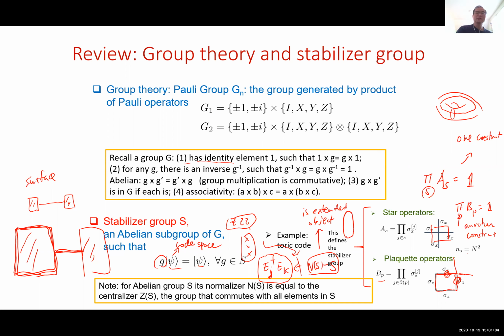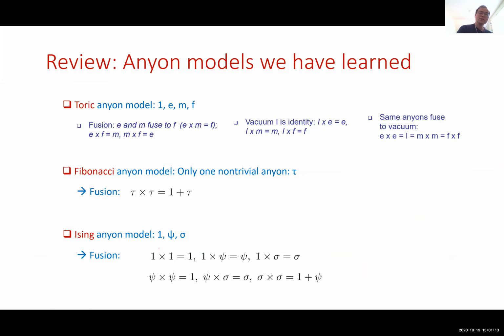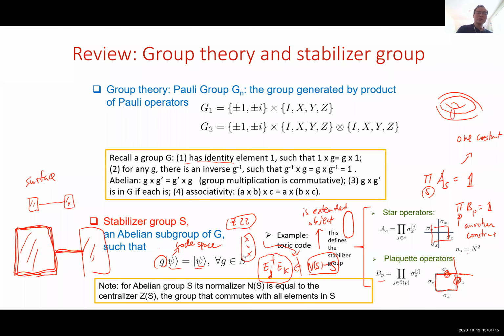Yeah, so maybe there's a difference between the math and the physics language here. So we mean the stabilizer is a group, and we have element g in this stabilizer. The definition is that these define the code space. This psi is in the code space.